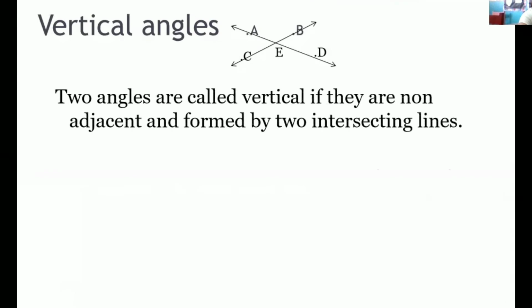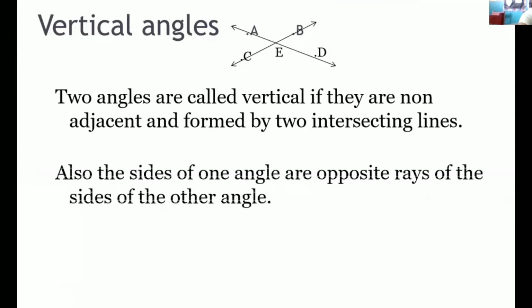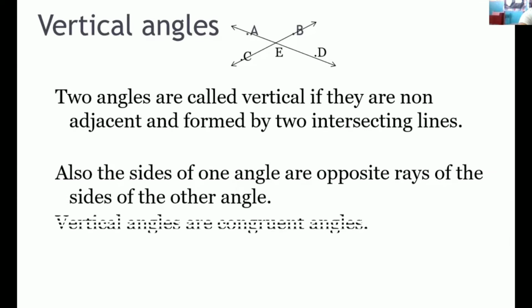Next, what are vertical angles? Two angles are called vertical if they are non-adjacent and formed by two intersecting lines. Also, the sides of one angle are opposite rays of the sides of the other angle. Vertical angles are congruent angles. So again, they are non-adjacent and the sides are opposite rays of the sides of the other angle.